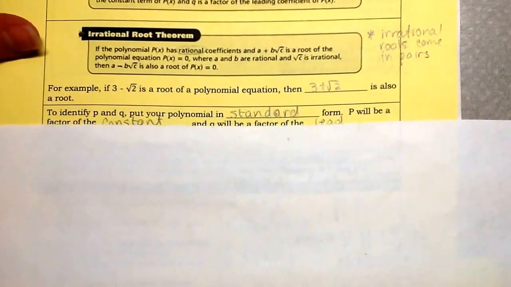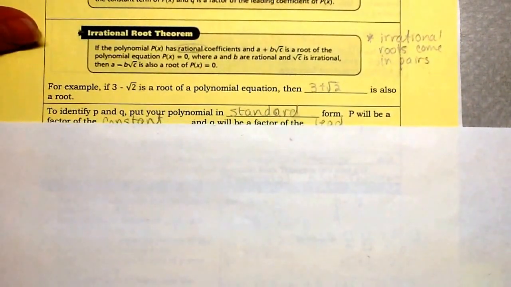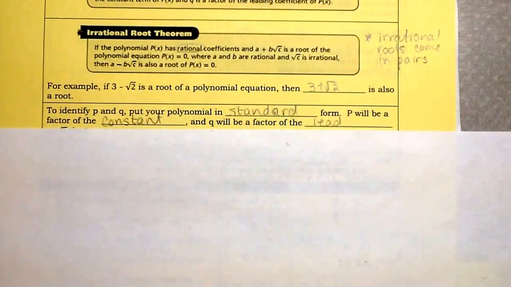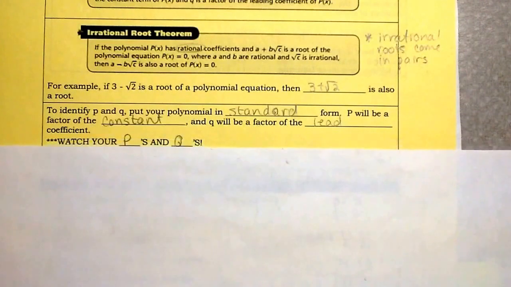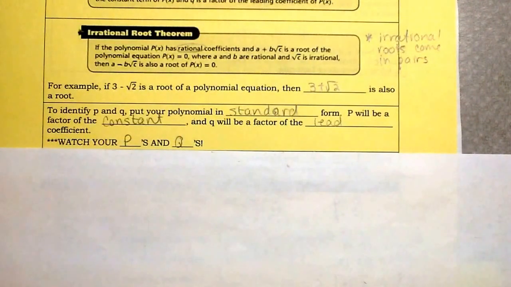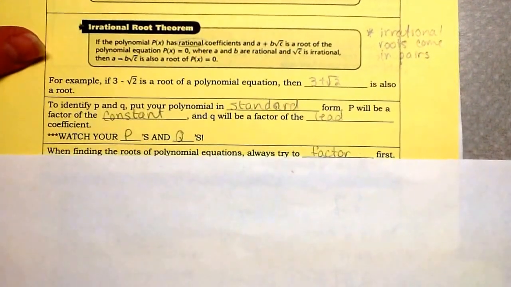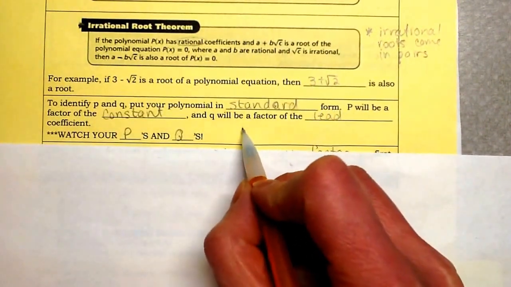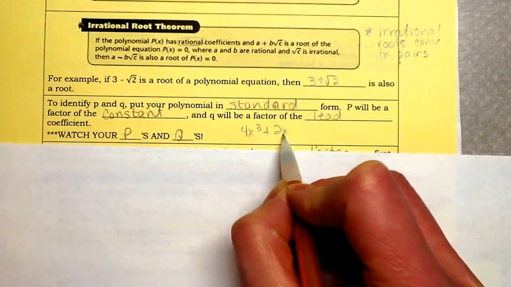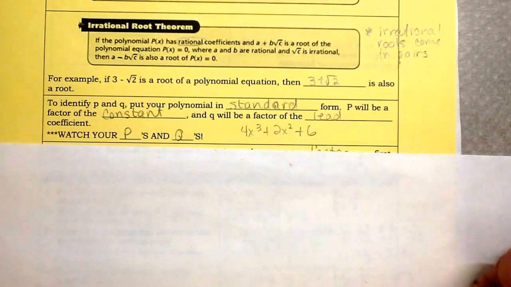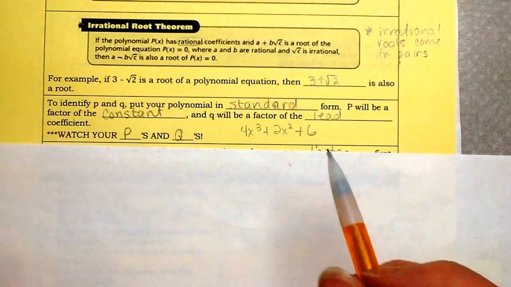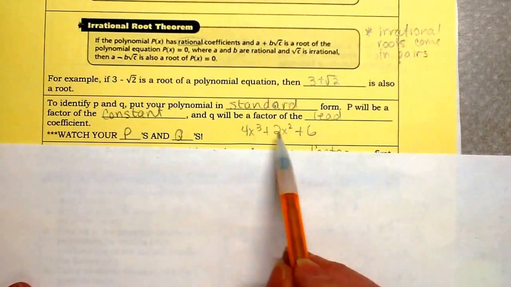To identify p and q, put your polynomial in standard form. P will be a factor of the constant, the term without the variable, and q will be a factor of the lead coefficient. So watch your p's and q's. You don't need to write this down, but if you have 4x cubed plus 2x squared plus 6, and I say find p and q, after you pull out the GCF if you need to, you have the first number and the last number.